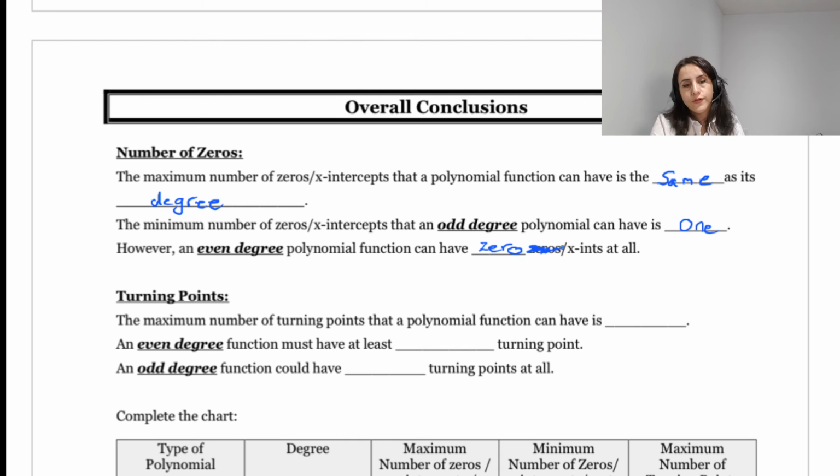Now I'm going for turning points. The maximum number of turning points that a polynomial function can have is what? What do you think? We had degree 2 with one turning point, degree 3 with two turning points, degree 5 with four turning points. Can I say here that the maximum number of turning points a function can have is 1 less than its degree?